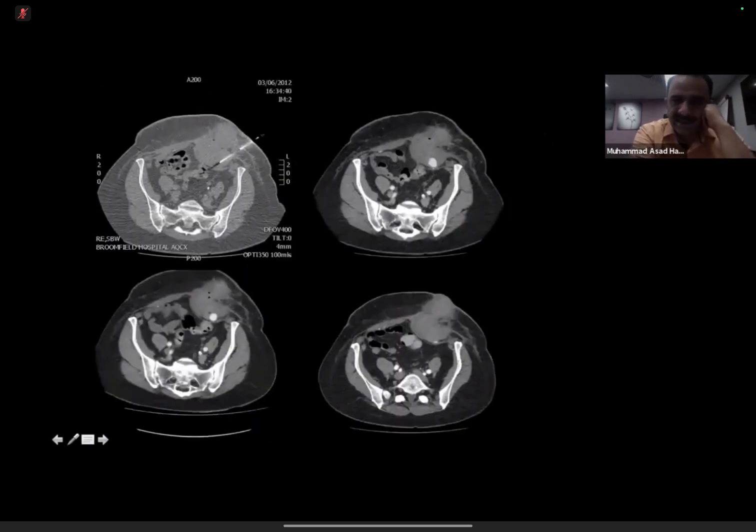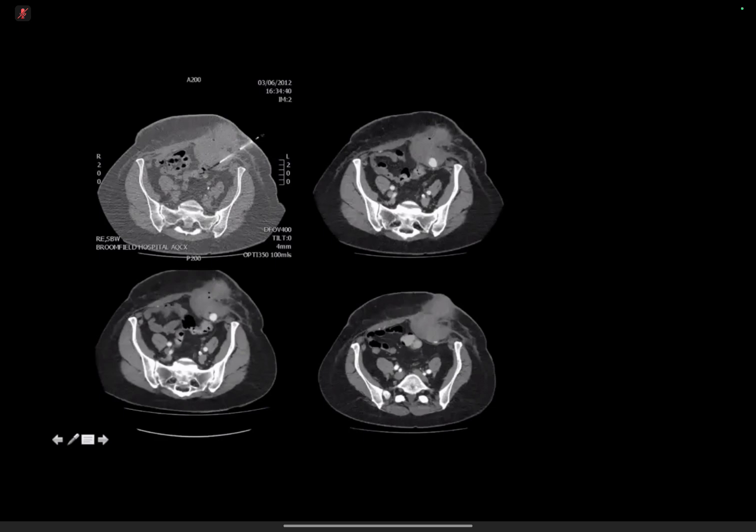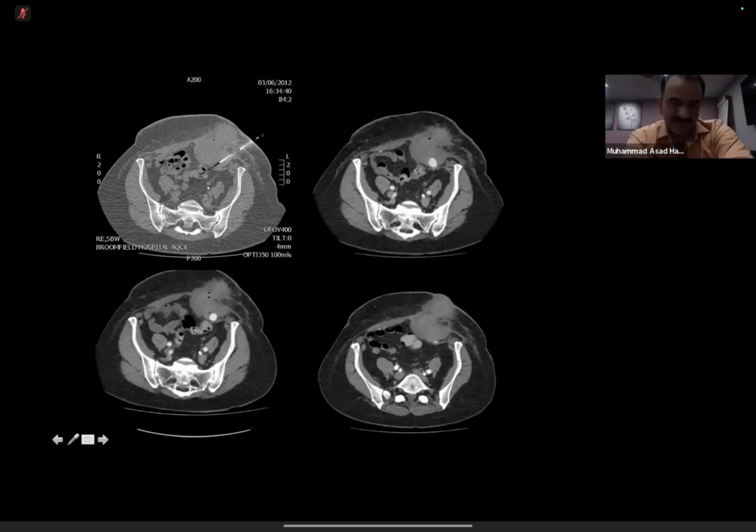Similar theme. Describe the findings. So, what are the findings which you can see in this CT examination? Okay, I can see abnormal enhancing rounded structures surrounded by hematoma and fat stranding in the anterior abdominal wall on the left. Good.